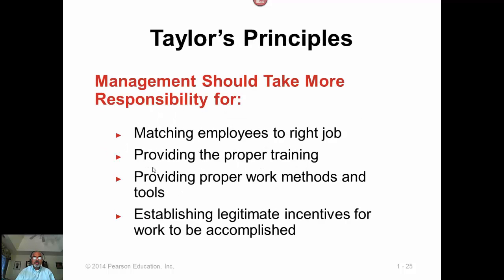And he was the first one to focus on the management function to take responsibility for how well the parts are produced.